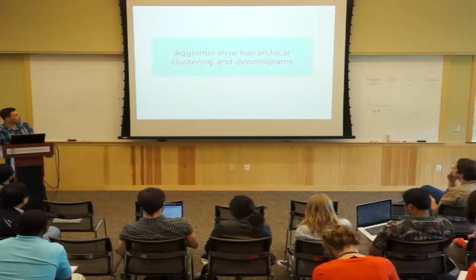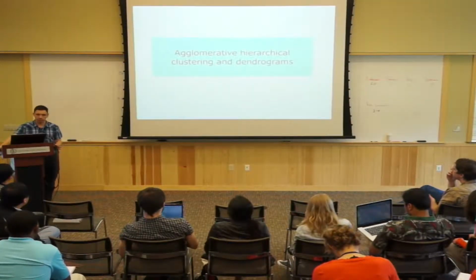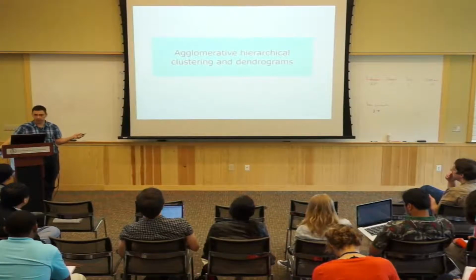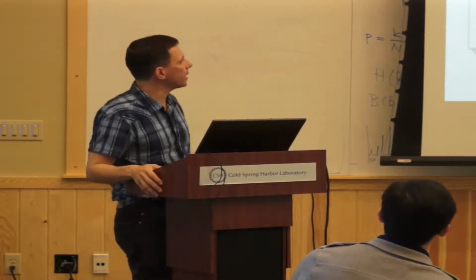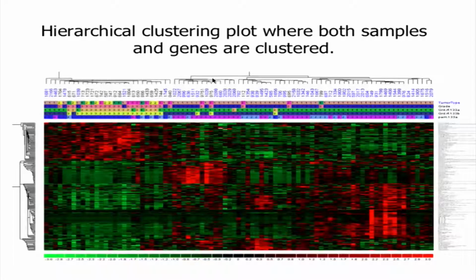Therefore, we now come to a different topic, which is hierarchical clustering. In hierarchical clustering, you do not have to specify the number of clusters. It's a major advantage of it. Many of you may have seen these types of plots. This is a heat map visualizing gene expression levels. Here you see these bizarre little structures along the rows and above the columns, and these are known as hierarchical cluster trees.